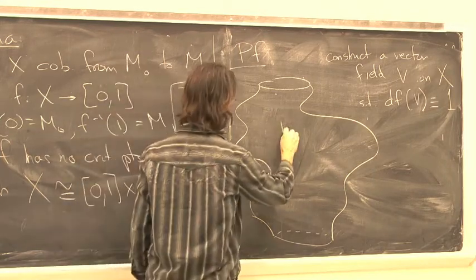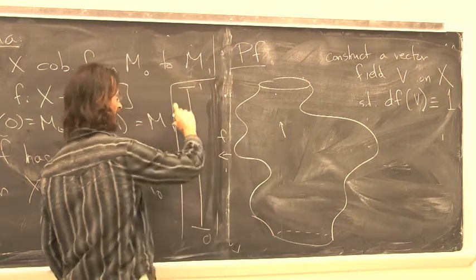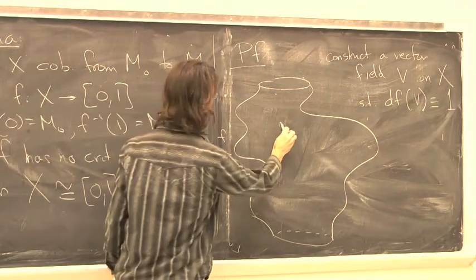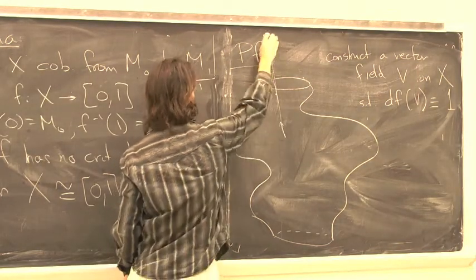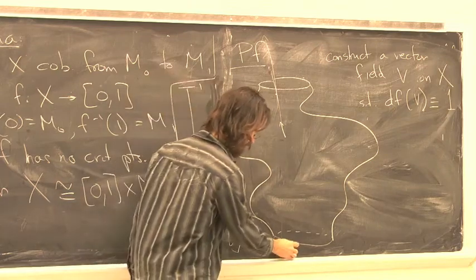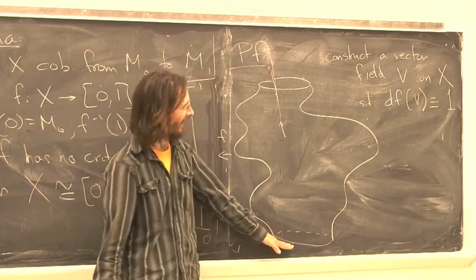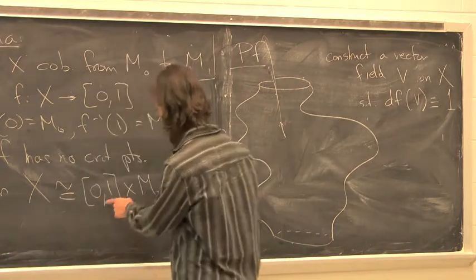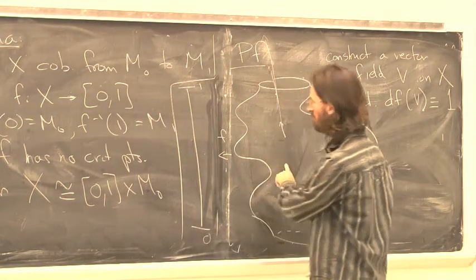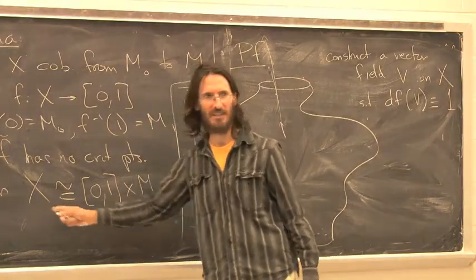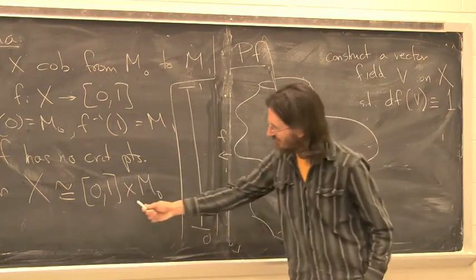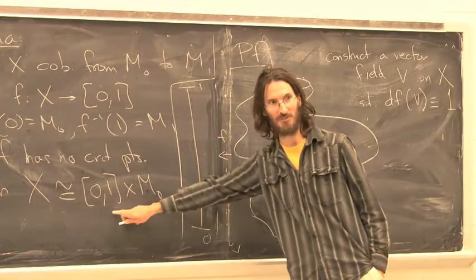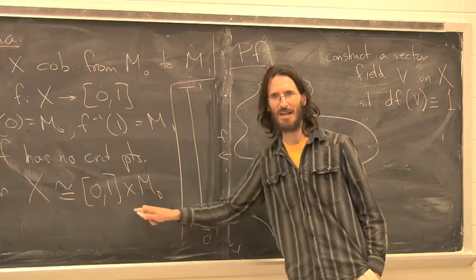And then my vector field everywhere projects to a unit length vector here. Actually, it's unit length. But the point is, and we'll come back to this, the diffeomorphism we're going to construct is going to go from [0,1] cross M0 into X. So if I have a point P here, and I have a real number T, then where does (T, P) go?